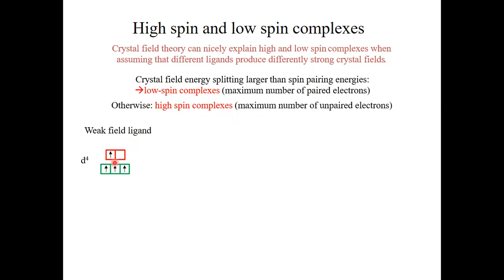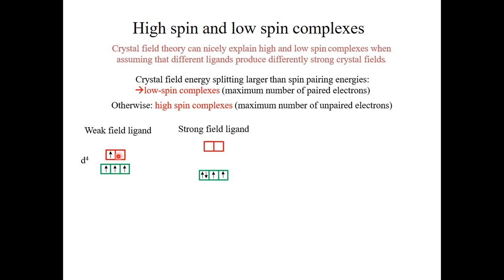And if that energy difference between the t2g orbital and the eg orbital is assumed to be smaller than the spin pairing energy, then we would assume that all the electrons would want to go with spin up into these orbitals, obeying Hund's rule. So we would observe a small energy difference between the t2g and the eg orbital in the case where we have a weak ligand field.